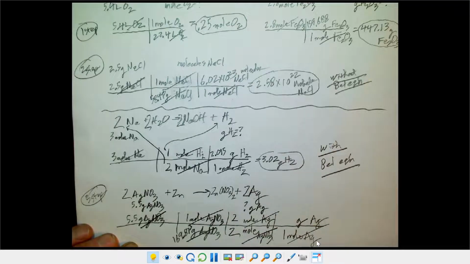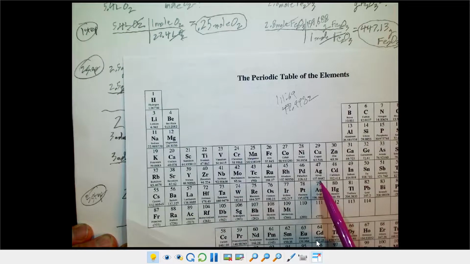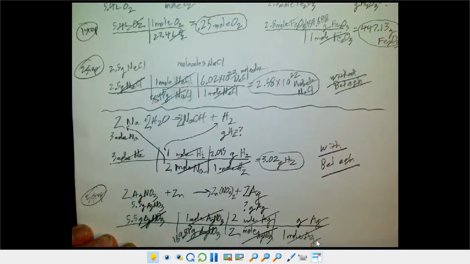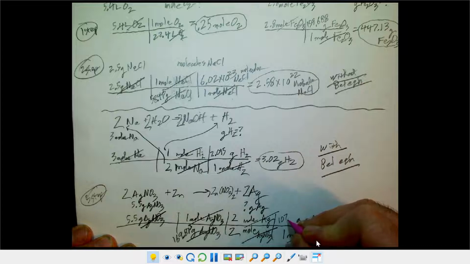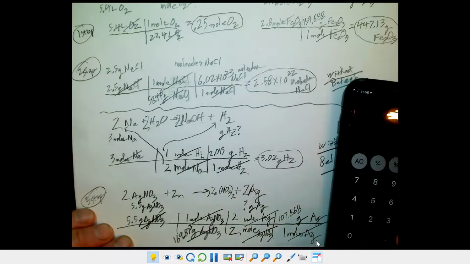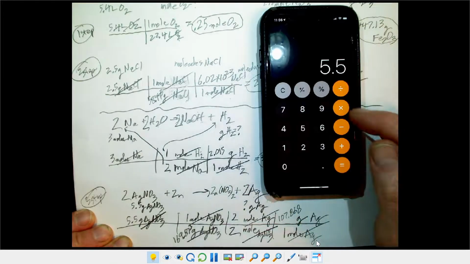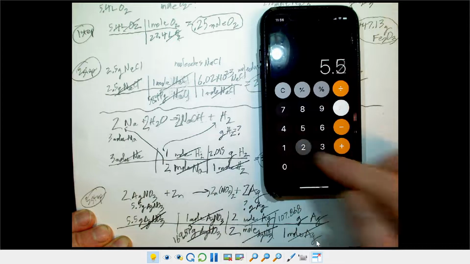So when we look that up on the periodic table, what's the atomic mass for Ag? It's 107.868. And now we can go ahead and go through all this and figure out what our answer is. So we're going to take 5.5 and multiply it by 2.